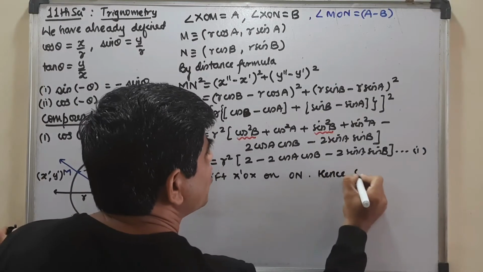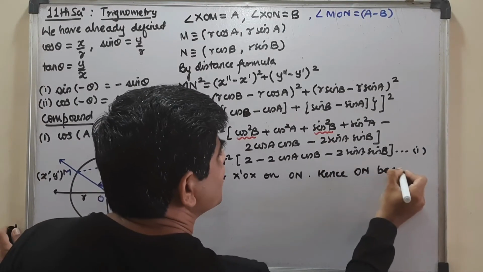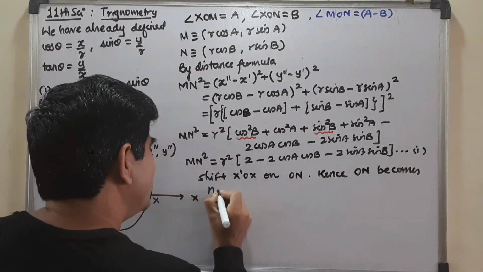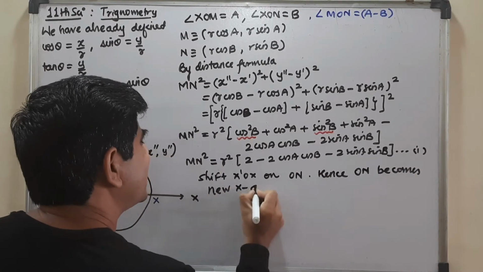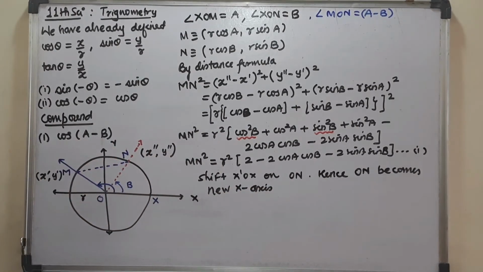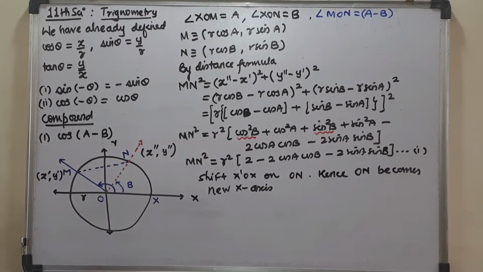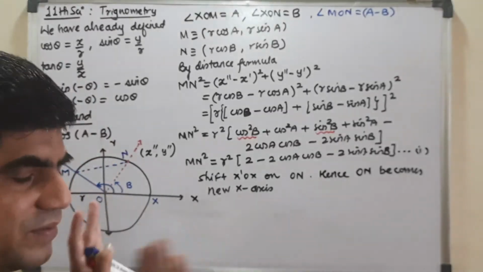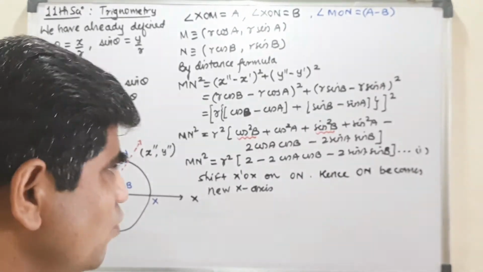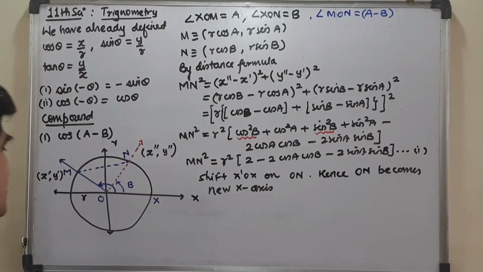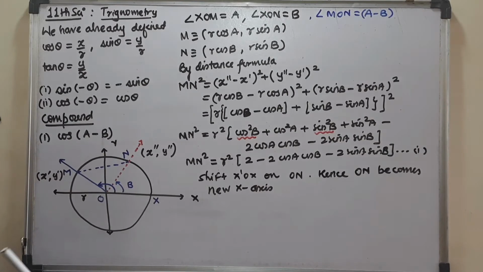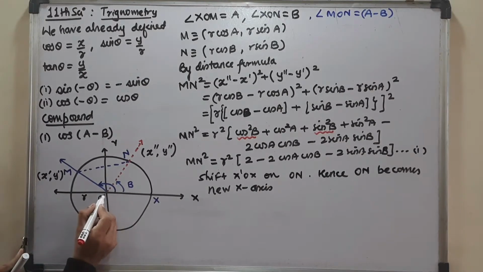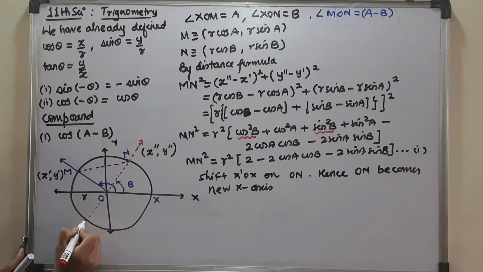Hence ON becomes the new x-axis, correct? So obviously your new y-axis will be perpendicular, and that also is going to change. Agreed? So it is shifting, it has become now like this. I am drawing it here just to understand that it has shifted.